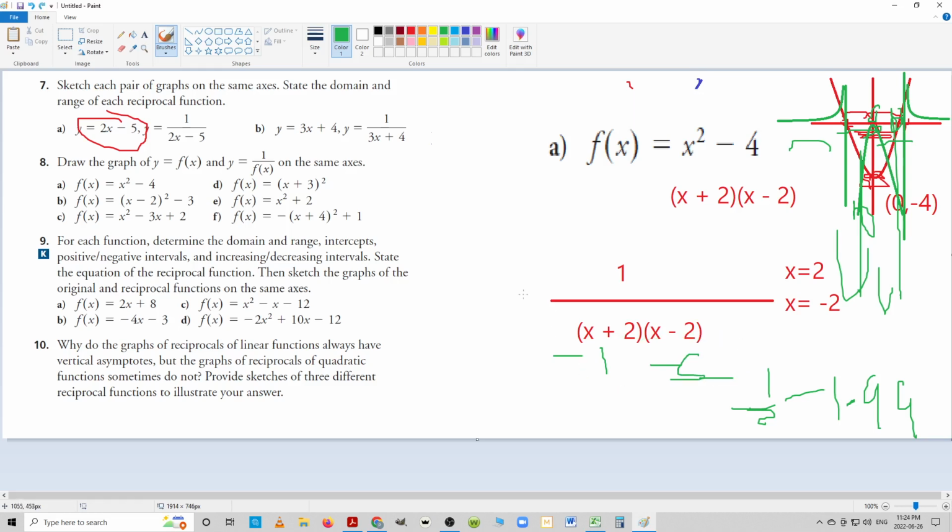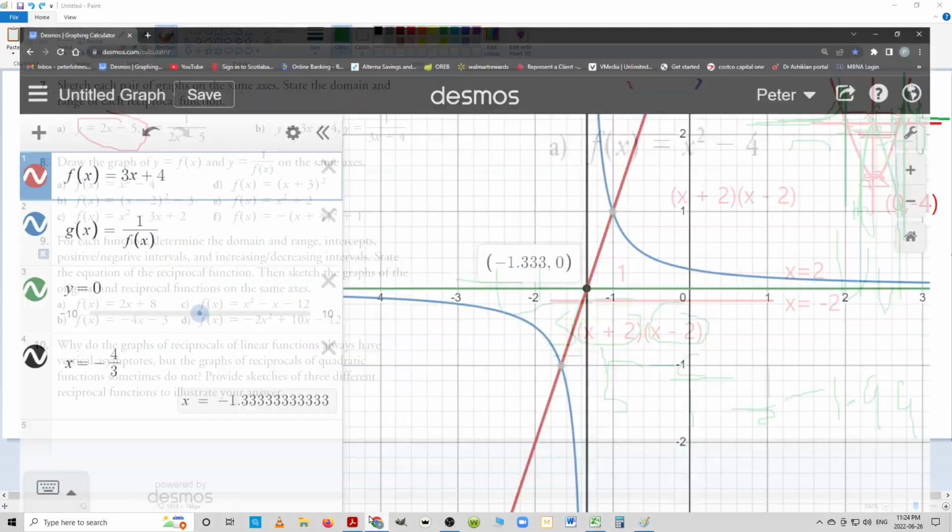Negative 1 times negative 5 becomes plus 1 over 5. Which means it's going to hug it and go up. And then if you take a value to the right, like 3, 3 plus 2 is 5. 3 minus 2 is 1. 5 times 1 is plus 5. Plus 1 over 5. But let's let the graph speak for us.